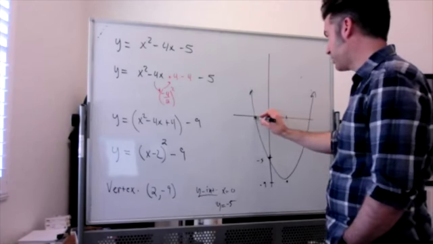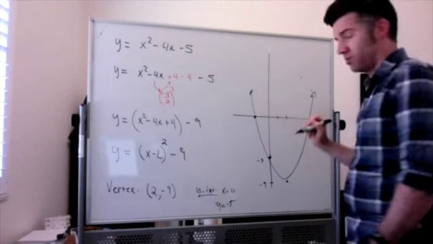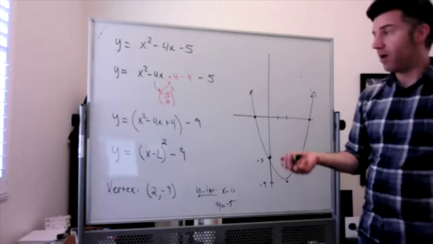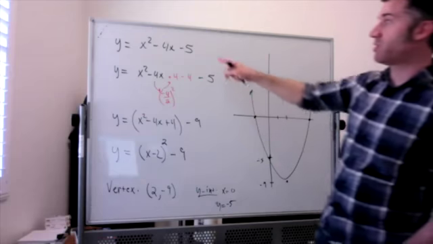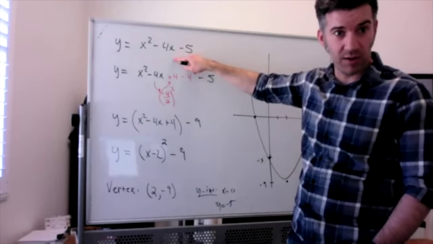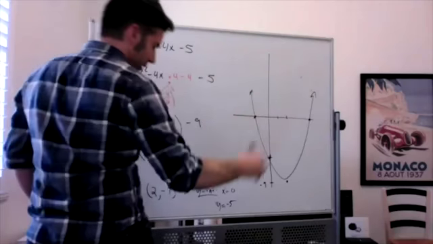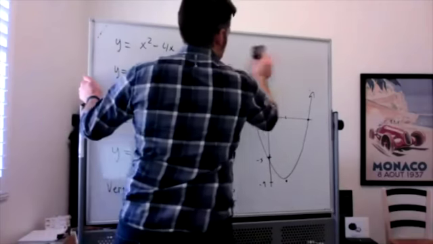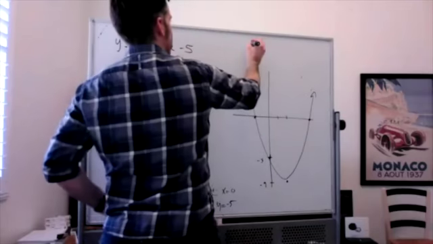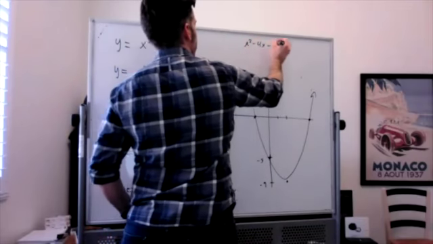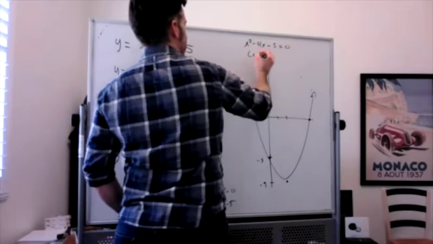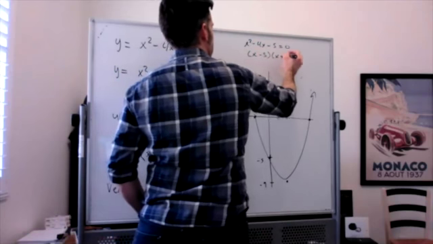We clearly have some x-intercepts, which we should find out what they are. We can certainly find the x-intercepts by setting this equal to 0. This certainly factors. Kind of running out of room, which is typical on this one board I have. If we set this equal to 0, this factors as x minus 5 times x plus 1.